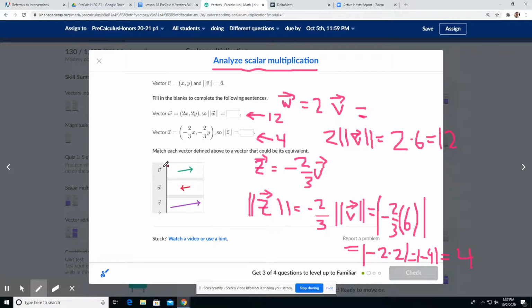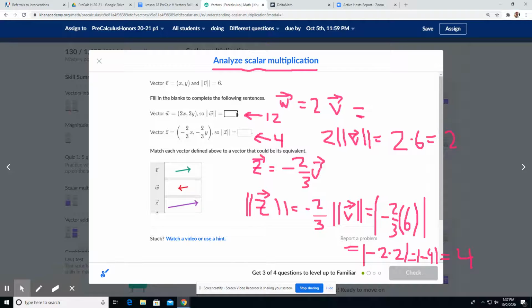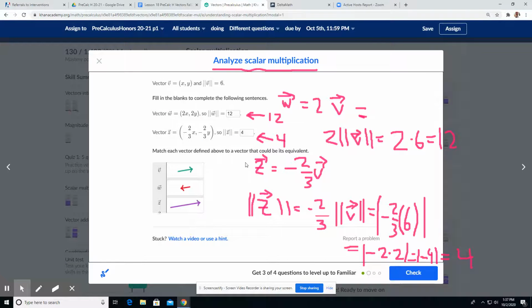And then it wants us to match each vector defined above to a vector that could be its equivalent. So let me just go ahead and fill these in so we can see a little bit better. So this is a 12. Got 4 on this one. And now we can start doing the analysis here. It's really important to recognize and remember that this one changed directions.